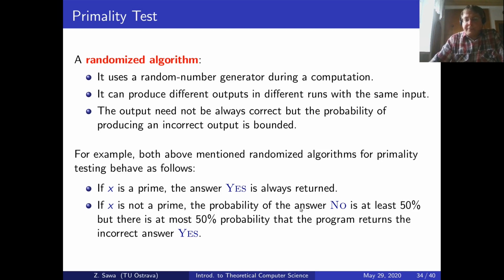So whenever the algorithm obtains some input x and produces the answer no, we are sure that this answer is correct, because this answer no cannot be produced for numbers which are really primes. For primes the answer yes is always generated. The only case that can be wrong is if the number on the input is not a prime, but the algorithm incorrectly gives the answer yes, it's a prime, but in fact it's not.